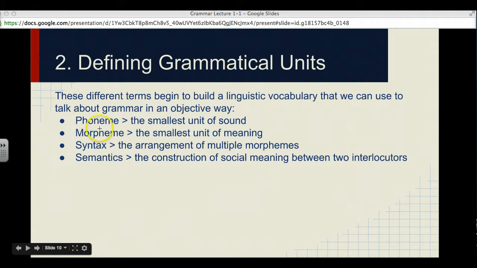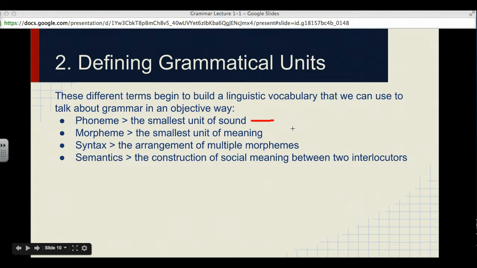Starting from smallest to biggest, we're going to begin with a phoneme. If you've had a linguistics class or a reading class, you've probably heard some of these terms before. A phoneme is the smallest linguistic unit, a unit of sound that you produce with your voice or with a written graph.